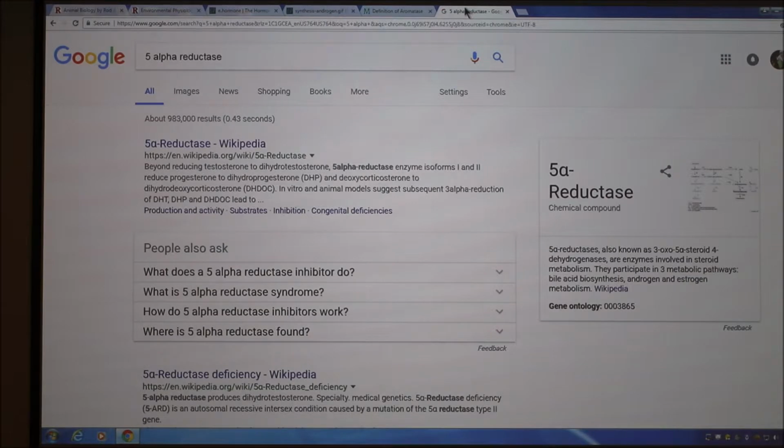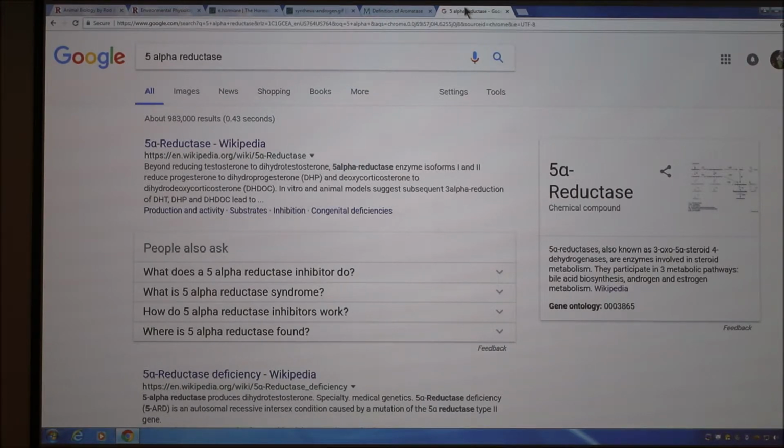So drug companies go, okay, the human population has trouble with benign prostatic hypertrophy, and we know it's because T goes to DHT. DHT is the abbreviation for dihydrotestosterone. So if we gave men an enzyme inhibitor that stops 5-alpha reductase, we could theoretically reduce the size of the prostate. And lo and behold, that's one of the treatments for benign prostatic hypertrophy.